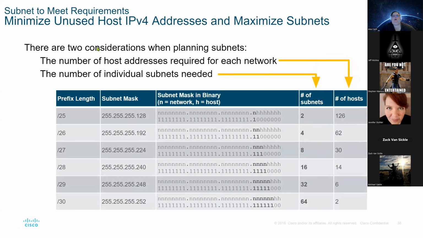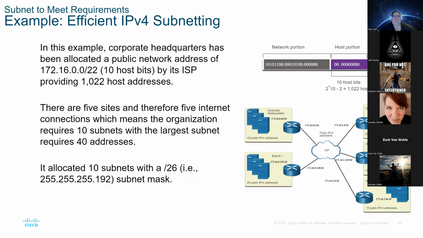So this is minimize unused host addresses. And the reason you want to do this is that way you just don't have a whole bunch of different ones sitting out there being unused, and you have an easier time keeping track of what's out there and what isn't. And this is just an example of efficient IPv4 subnetting.